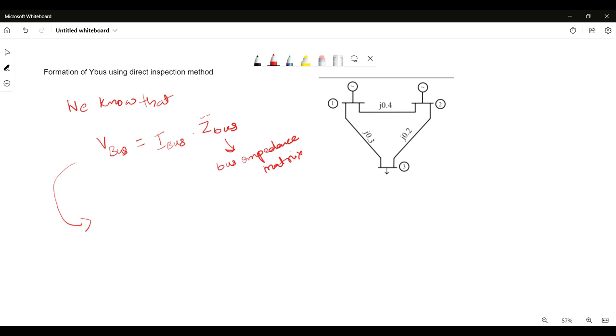I bus, the bus current matrix, is equal to Y bus into V bus.